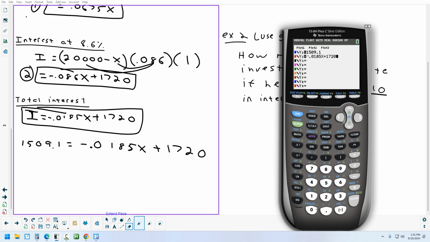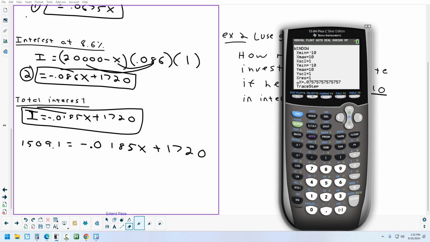So I've got the left side in Y1, the right side in Y2. When I hit graph, what do you think I'm going to look for? I'm going to get two lines on the screen, and I'm going to look for where the line in Y1 equals the line in Y2. What does that mean? Yeah, where they cross.